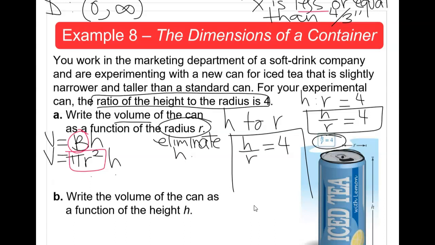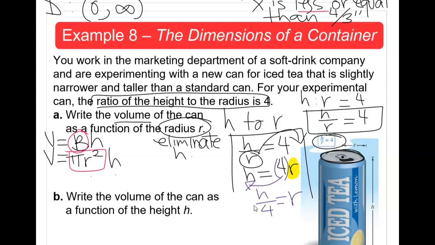So if I want to solve for r, I can do the following. I can take this r, which is dividing, to the right side, so it will be multiplying, so we'll have 4 times r. Now I want to isolate r, so the 4 is clearly multiplying the r. So if we take that across the equal sign, it's going to be dividing. So we will have h over 4.